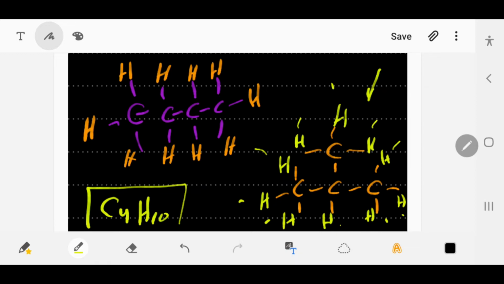So they are totally different compounds, because the arrangement of atoms and the way the atoms are connected to each other also determine the identity of the compound. And as the number of atoms increases, we can have more than 1 or 2 or 3 isomers. So the number of isomers also increases.